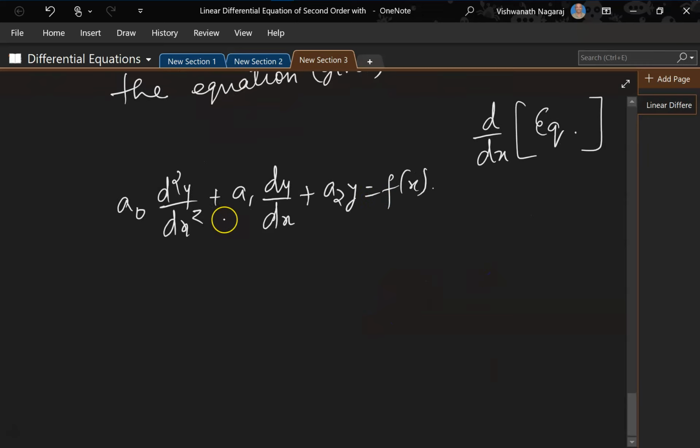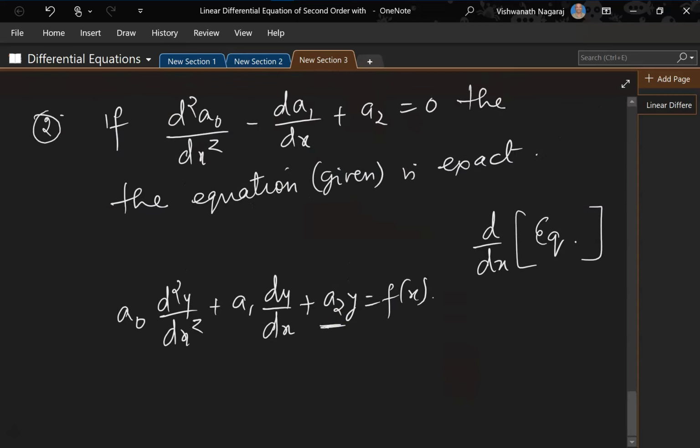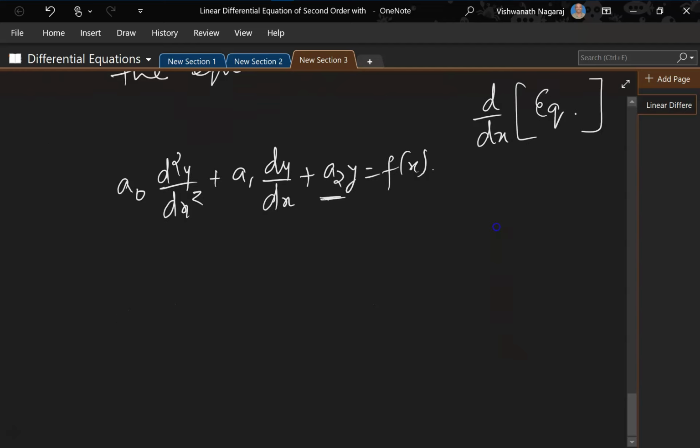Now what we have to do is write this as a differential of a first order differential equation, right? So let's proceed. Now here, this is already given to us, right? A2, we can write it as, these two terms we can take to the other side.